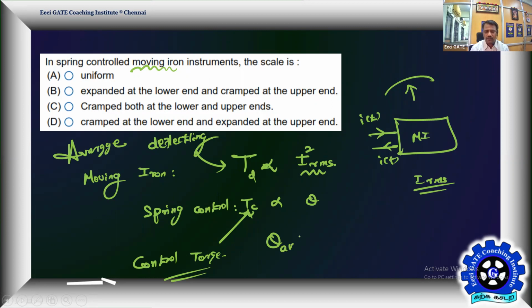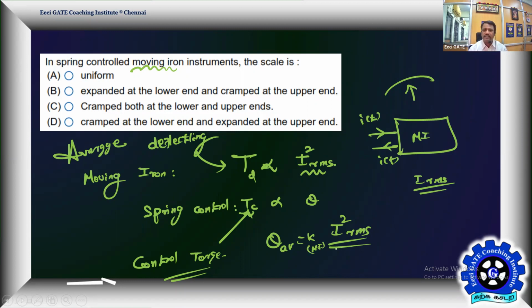The average deflection of the pointer is proportional to I square RMS. Certain constants will come into play, some meter constant, K of the moving iron instrument. So theta average will be equal to K times I square RMS.